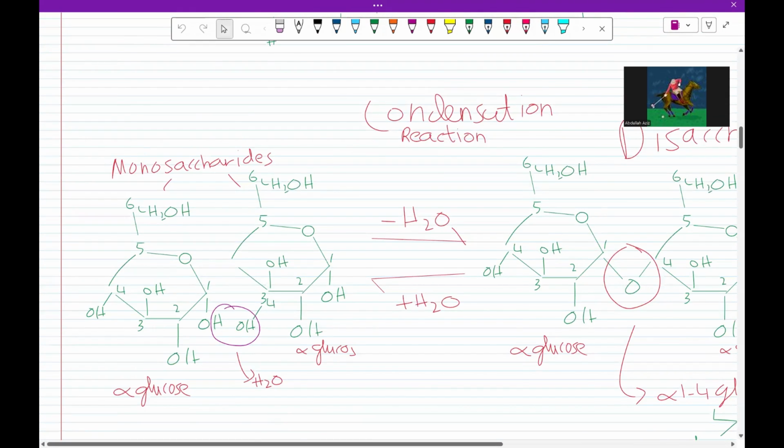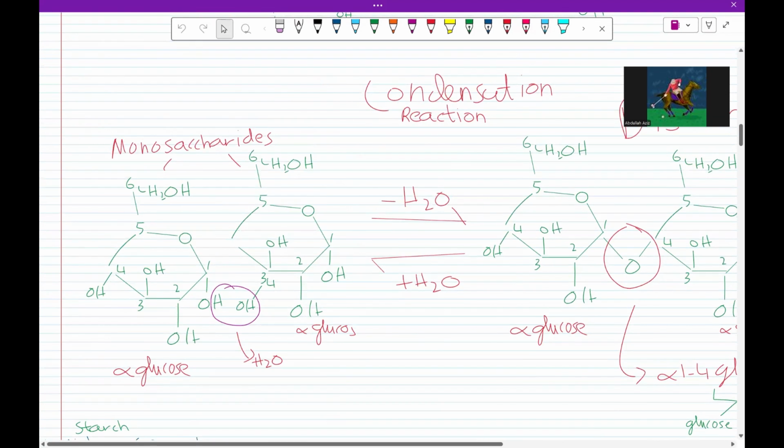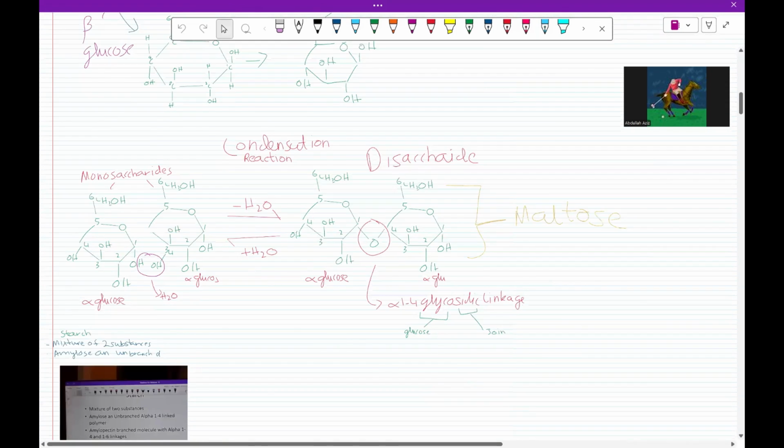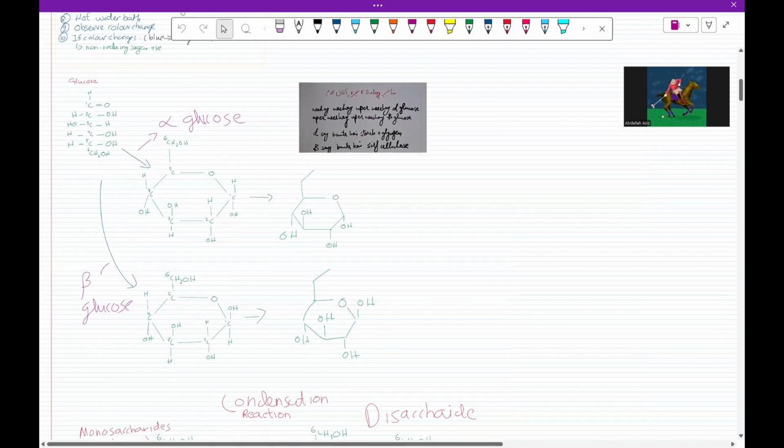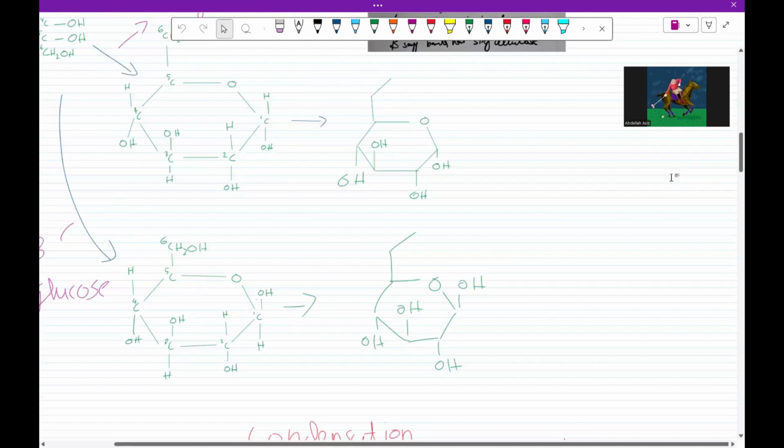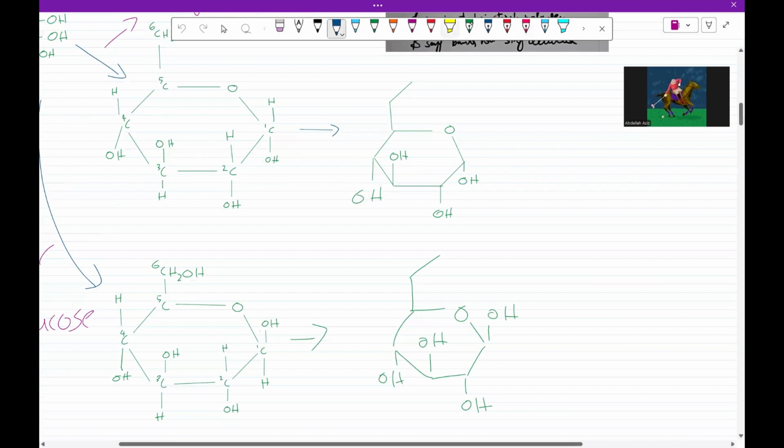Cellulose, starch, saccharide, glucose, right? Okay, and this is beta glucose. See, so in alpha glucose, the OH is below, and in beta glucose, the OH is above the plane.